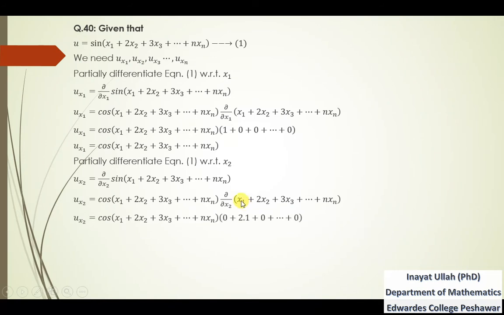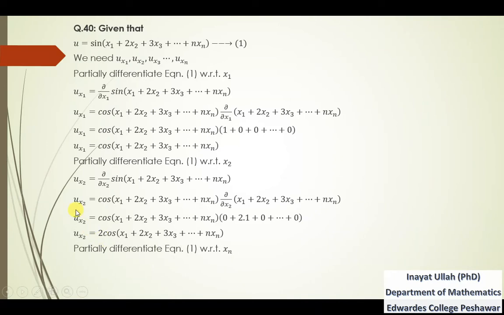So the derivative of x1 will be 0, the derivative of 2x2 will be 2 into 1, and the rest of the terms will be equal to 0. So we are left only with 2, so write this 2 in front of cos, so that is 2 cos of this whole. So just look at that, if that is ux1, so 1 is multiplied in the front of cos, and that is x2, so 2 is multiplied in the front of cos.